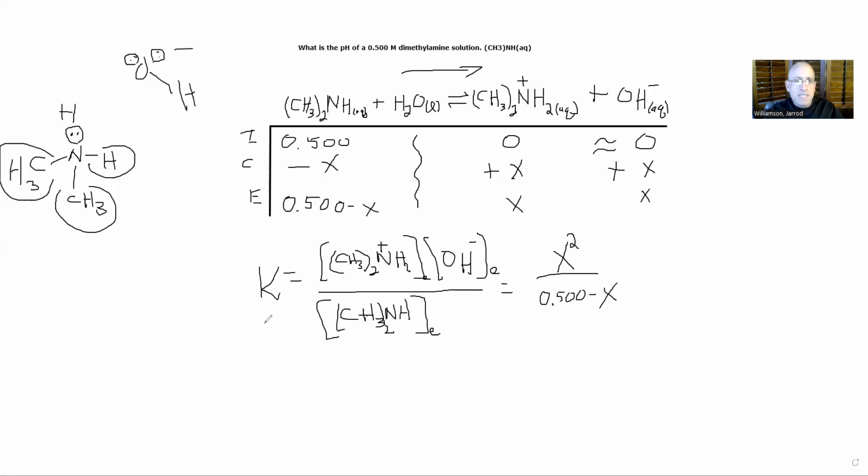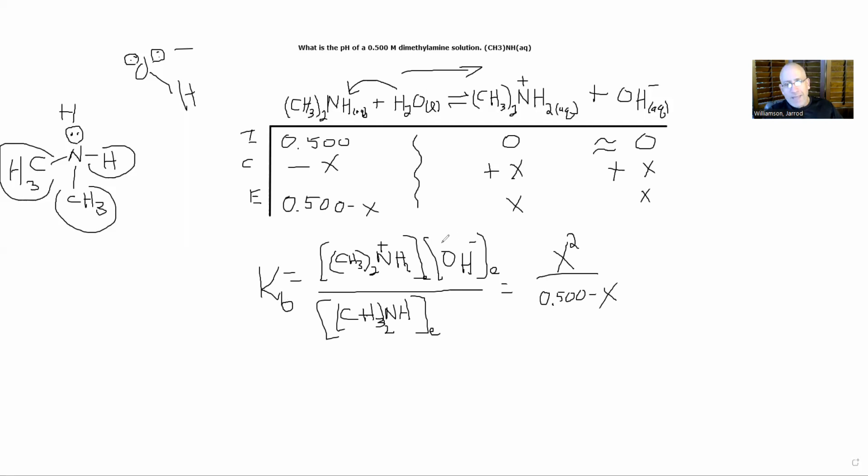Now I need some kind of number to go here to calculate something. What kind of K is this? Well, this is acting like a base. It is receiving an H, so this is acting like a Bronsted-Lowry base, and this is acting like a Bronsted-Lowry acid. So this is Kb, for base.